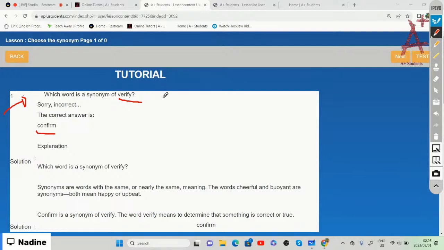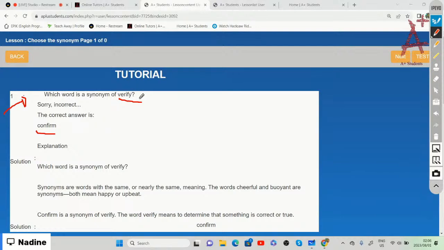If something is correct or true, that is the same as saying, I confirm that this thing is correct or true, which means that confirm is the synonym of verify.